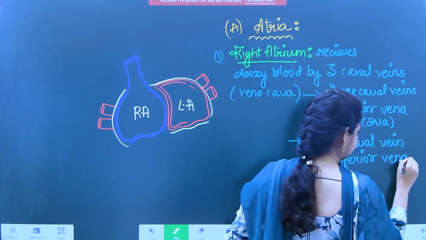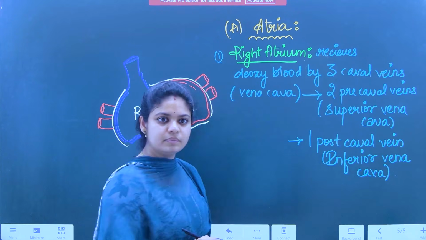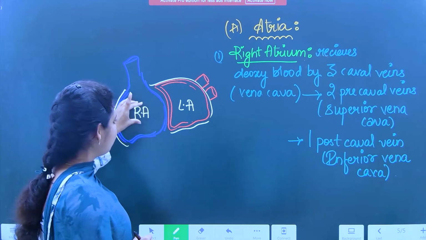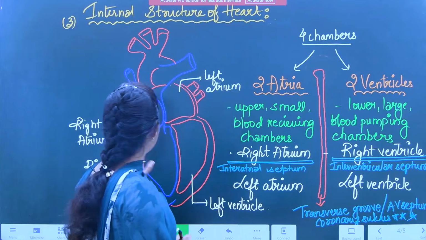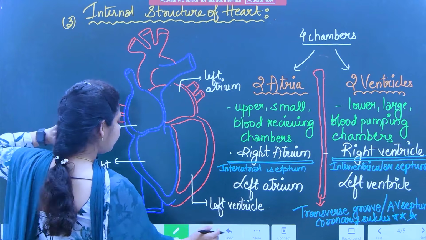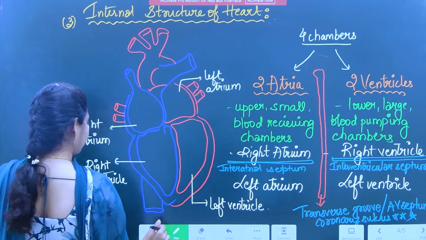Inferior vena cava. Okay, I will be showing you now this. The right atrium is receiving deoxygenated blood. Let us go and see over here. It is receiving deoxygenated blood from 3 caval veins.